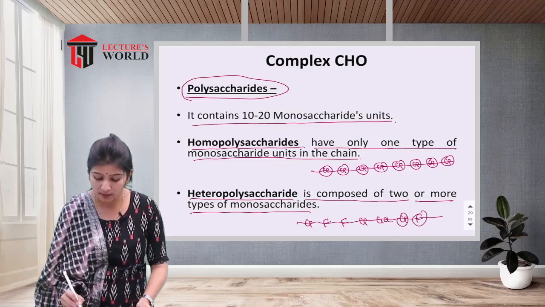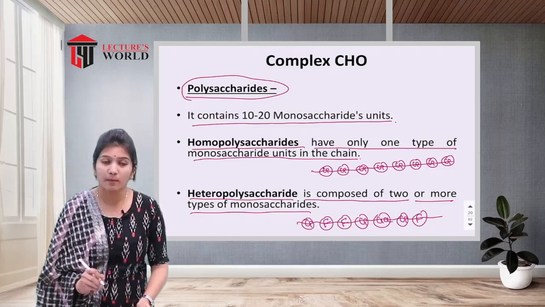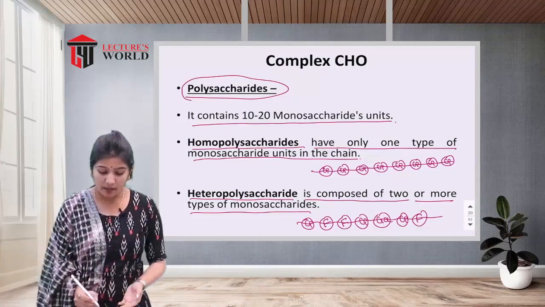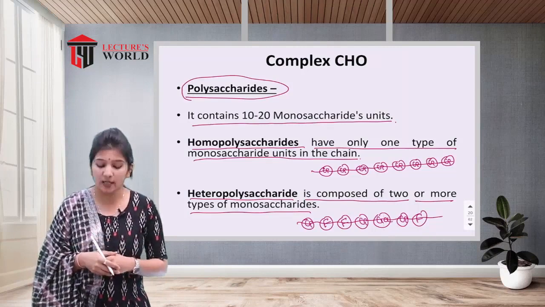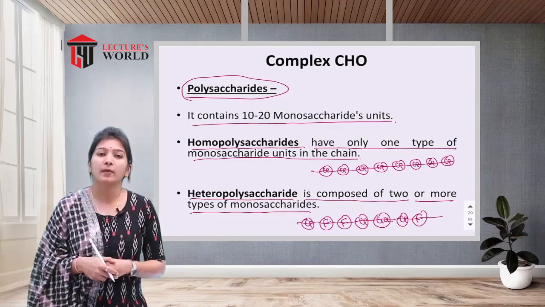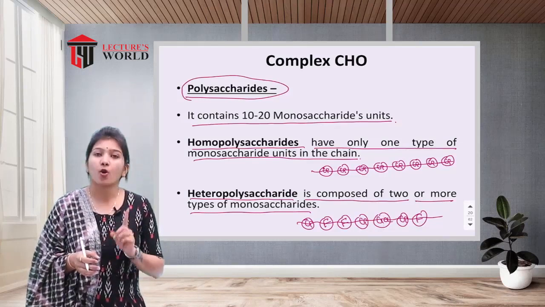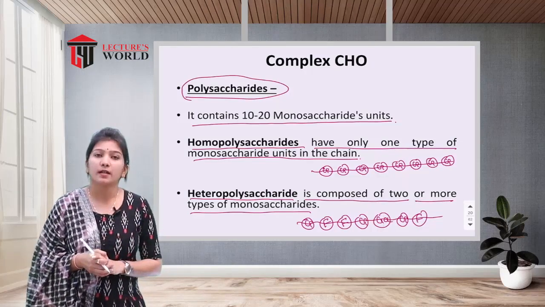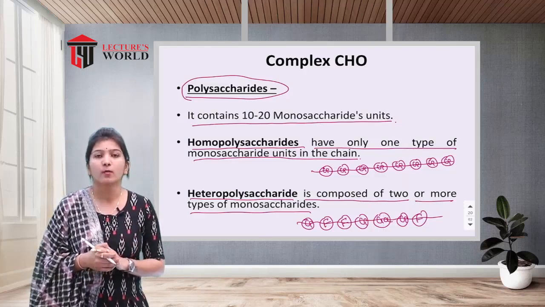You can see different types of monosaccharides in a chain, and that makes a heteropolysaccharide. Polysaccharide means 10 to 20 monosaccharide units. Homopolysaccharide contains only one type of monosaccharide. Heteropolysaccharide contains two or more monosaccharides.